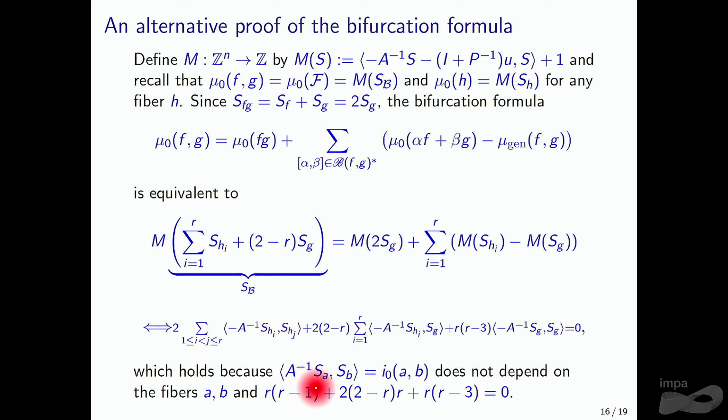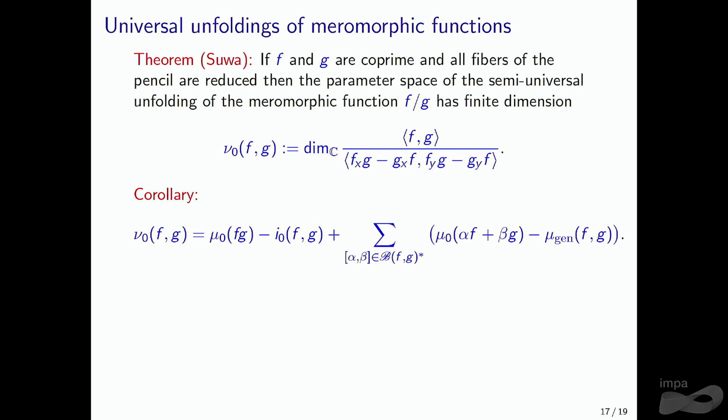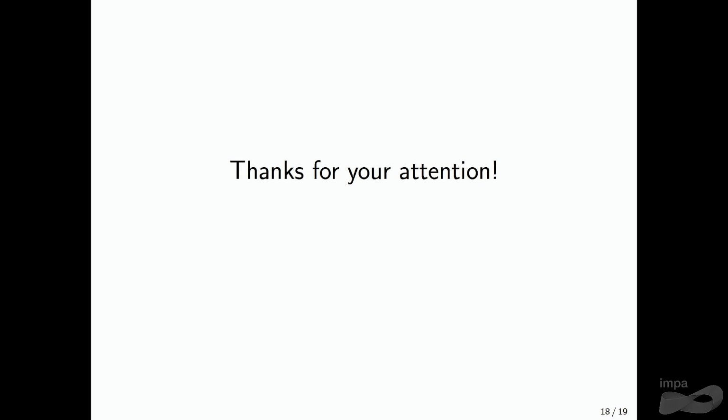In this sum, all these products are the same, and can be factorized, and then we obtain this equality that always holds. And this provides a new interpretation of the dimension of the parametric space of the semi-universal deformation of the meromorphic function f over g in terms of the total excess of the Milnor number. That's all. Thanks for your attention.